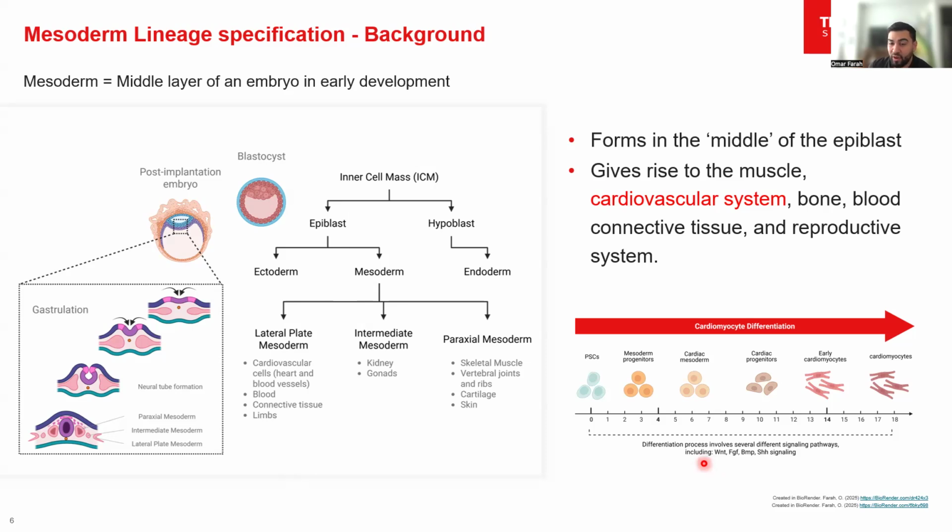In the case of the cardiomyocytes, we take our PSCs into mesoderm progenitors, and then cardiac mesoderm before we specify cardiac progenitors that will eventually mature into cardiomyocytes.